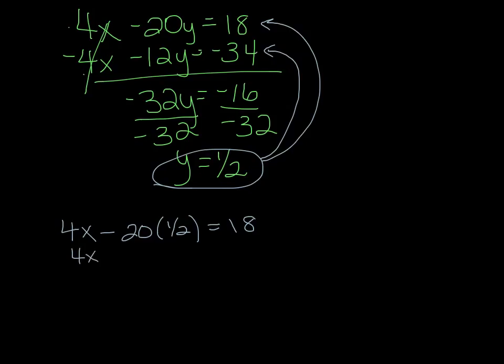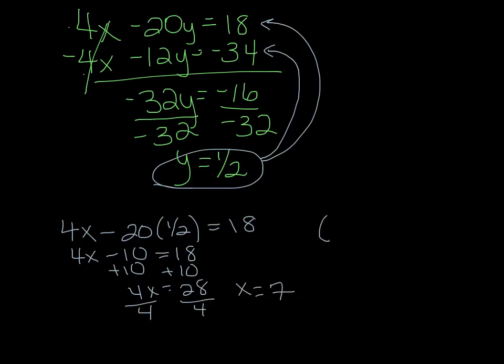So 4x, 20 times 1/2 is 10, equals 18. Add 10 to both sides. 4x equals 28. Divide by 4, and x is equal to 7. So write our answer as an ordered pair. X comes first, y goes second, and that is our answer using elimination.